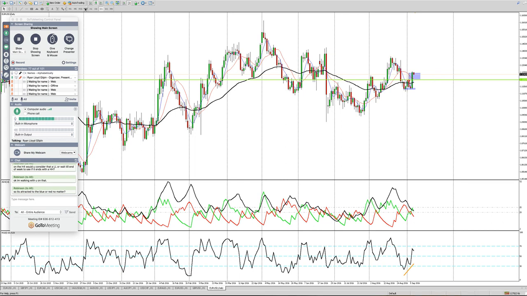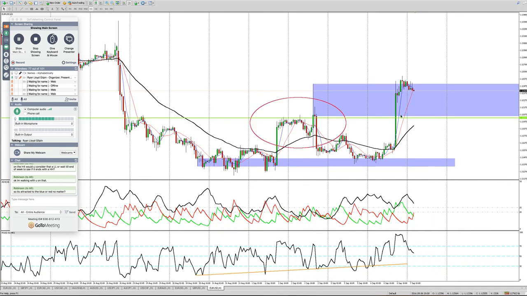So right here, we can predict that price is most likely to come back and test this area, which is this previous neckline, to grab it and pull it back up. As you can see here, it's pulling it down. So we know it's going to come back down here and then go back up. Might form a double bottom. Who knows?